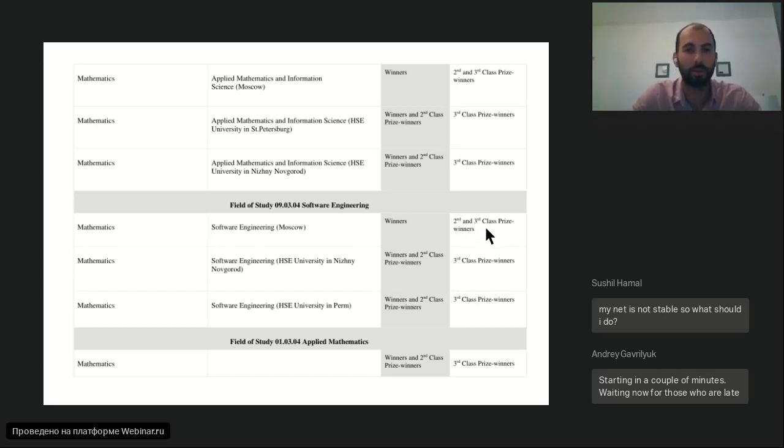So if you want to use your second or third diploma, you can apply for financial aid and get this 70% discount for your tuition fee. So that is sort of a hint.